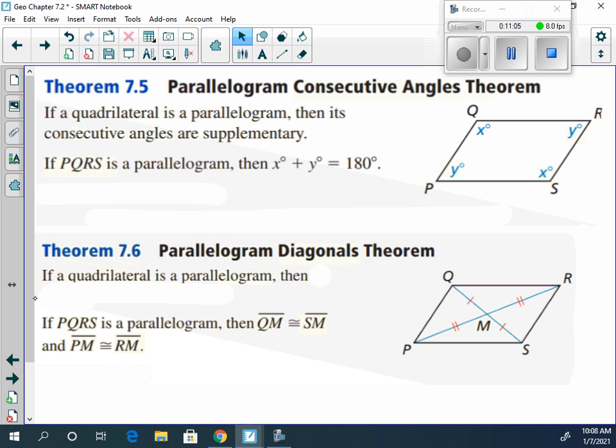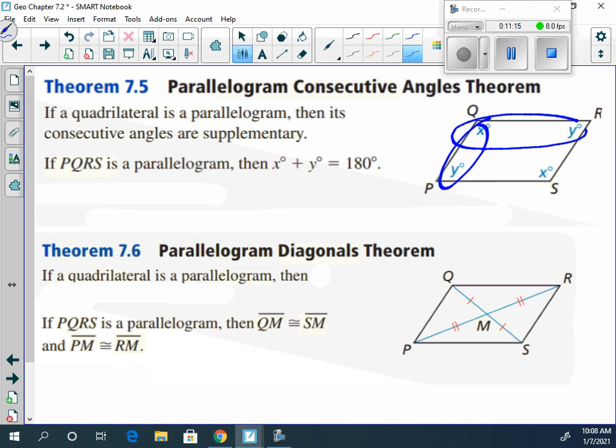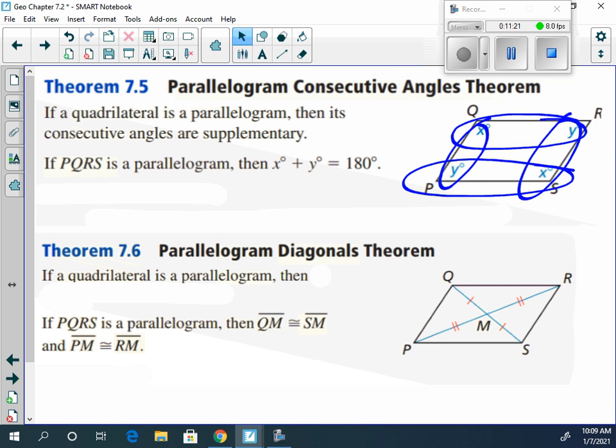The angles that are next to each other will always add up to be 180. So our consecutive angles, the ones next to each other, will add up to be 180. The angles that are across from each other are going to be congruent. And it's going to work every single time.